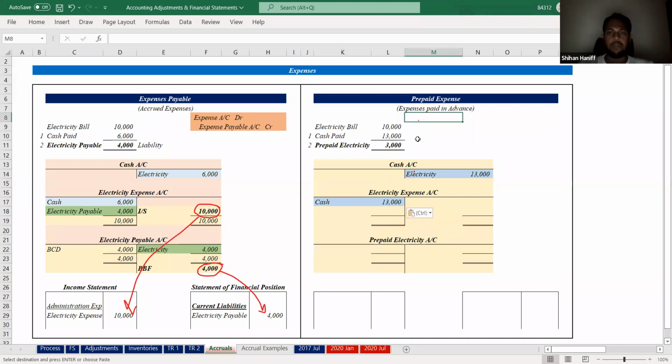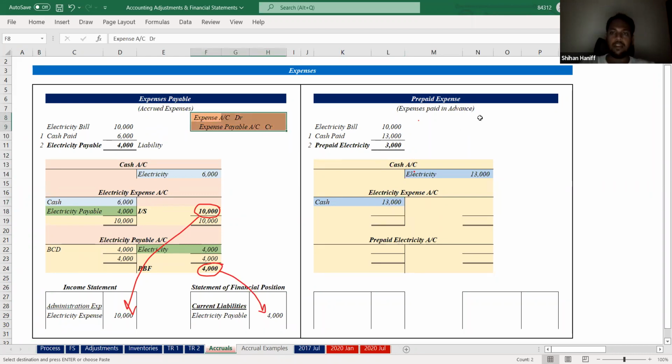Now the double entry for prepayment. What is the double entry for prepayment? Now you have paid more. This amount should be 10,000. You have excess 3,000. Therefore, electricity expense account opposite of this.